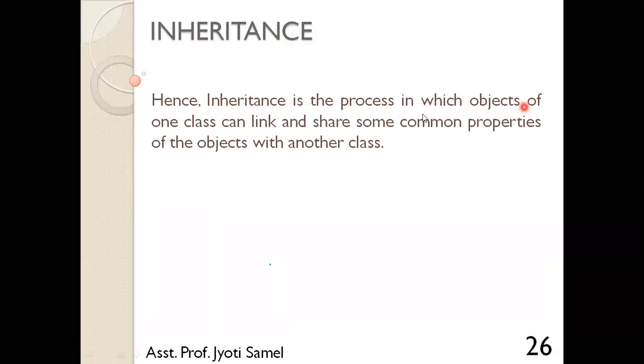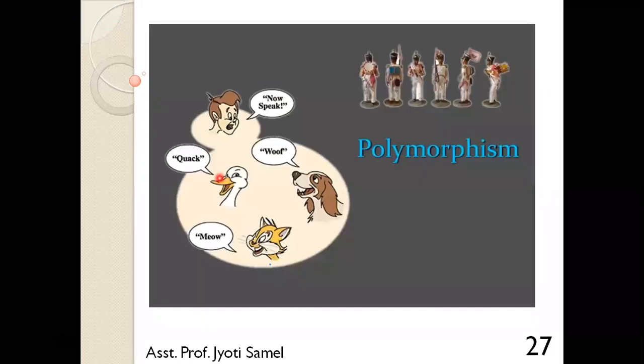Inheritance is a process in which an object of one class can link and share some common properties, and here the word is some, it may be all, but with additional properties added in the derived class, of the object with another class.